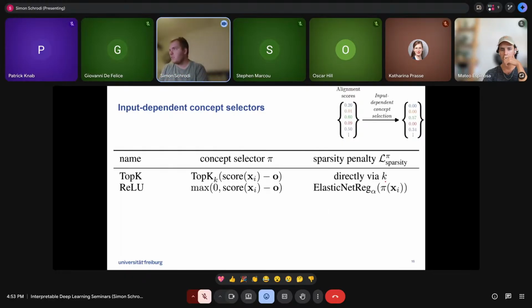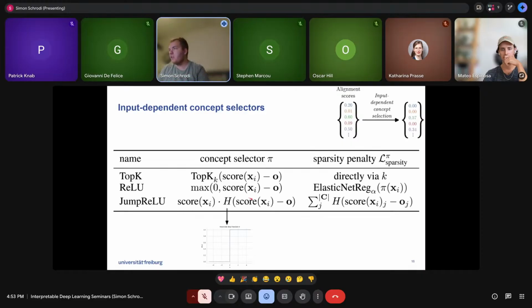There are also other options. I will quickly skim over them because top-k works best. But you could do something like a ReLU, where you apply this elastic net regularization on the output of the ReLU, basically pull it towards 0 and hope that many of these values land below 0, so they cancel out. This is also one option.